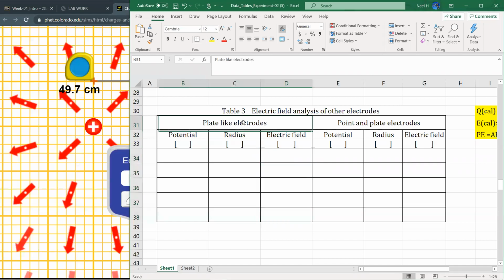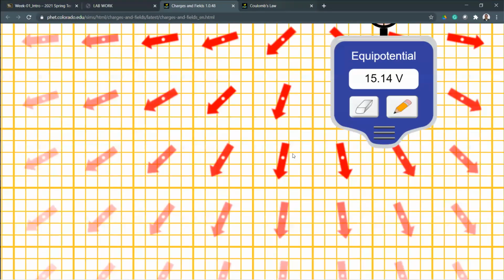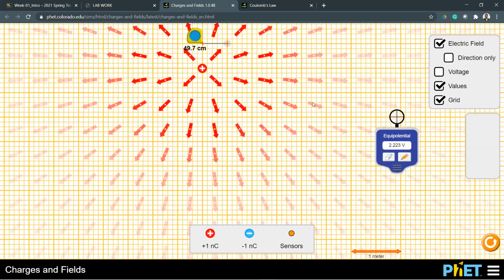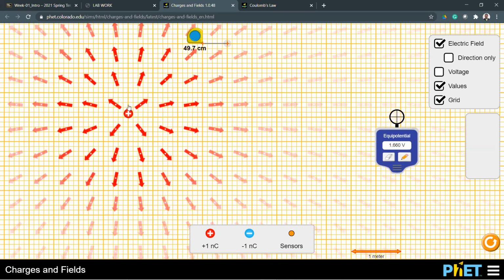So let's do the plate-like electrode for this case. To do that, you can see a plate-like electrode is not given in our simulator, right? Let me zoom out. The simulator looks like this, right? I can have only one particle, but I can create the plate by doing this.